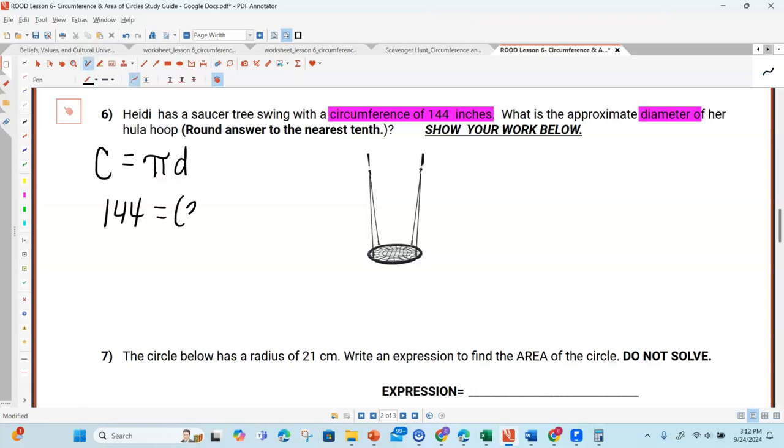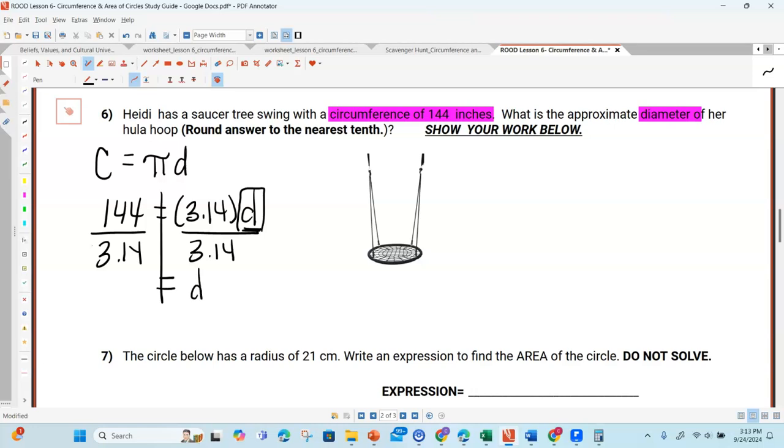Okay, we're going to substitute the pi with 3.14 times d. We need to solve for d, isolate this. So then we're going to divide by 3.14 on both sides. What we do on one side, we do exactly the same on the other. So 144 divided by 3.14.